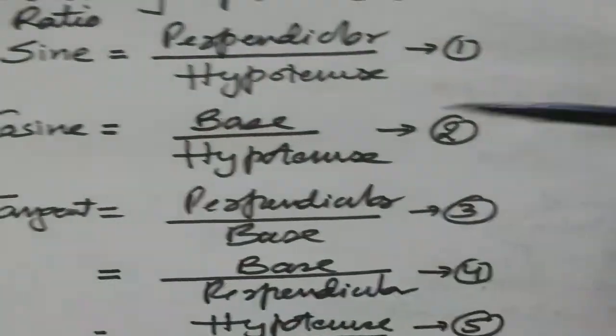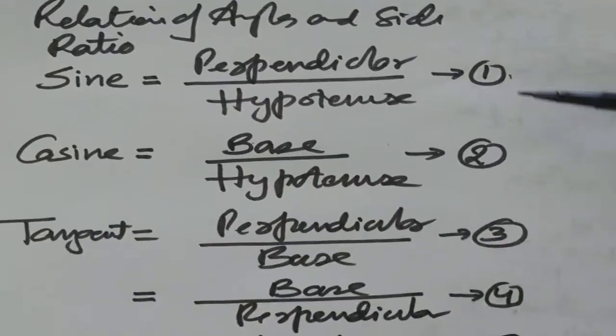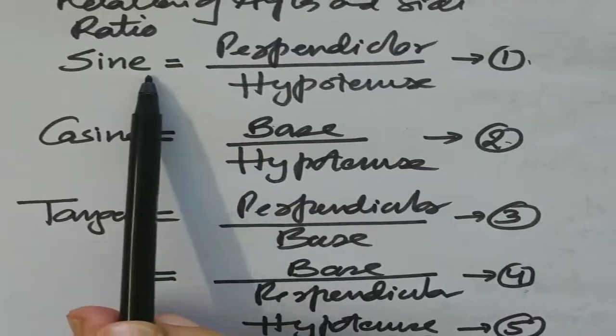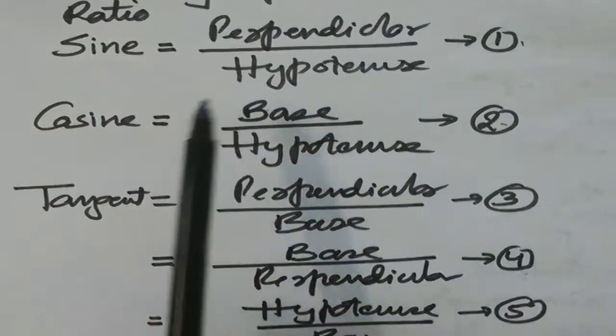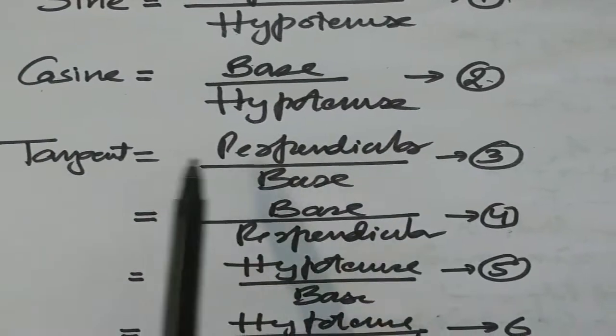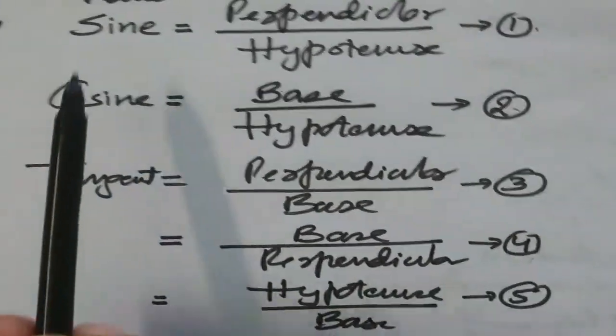So first there are three ratios, 1, 2, 3. They are called sine. Sine is equal to perpendicular upon hypotenuse. Cosine is equal to base upon hypotenuse. It is the same right angle triangle. And the tangent is called, these are the names which are used.